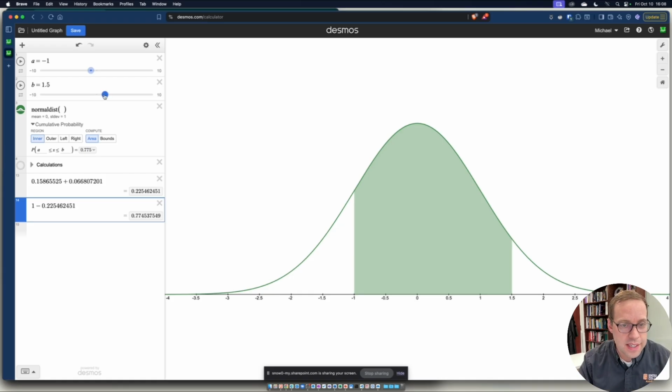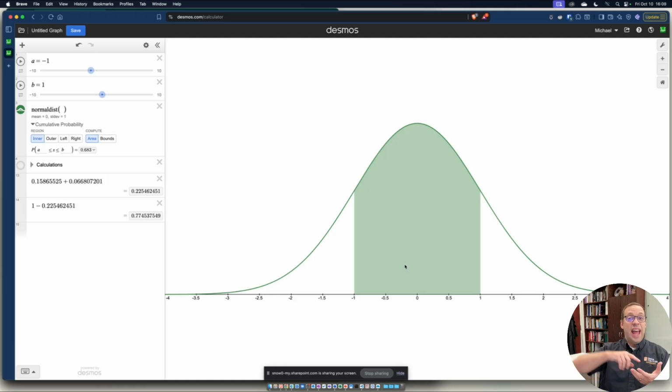Well, what if I take this and I shift it so that my green area is now between plus and minus 1? This is that scenario we talked about before. Now we can calculate this area under the curve, this green area, and it turns out to be 68%. There it is.